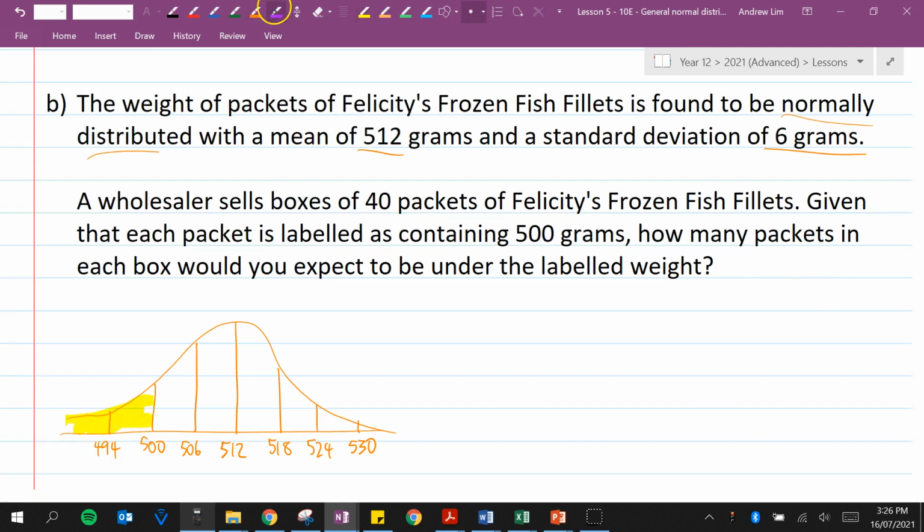So I'm just going to label this as my 0.15%, 2.35%. So it looks like under 500 will be 2.5%. Okay, when we add those together, it will be 2.5%. So 2.5% of all the packets is what we expect to be under 500 grams. Well, there are 40 packets in the box.